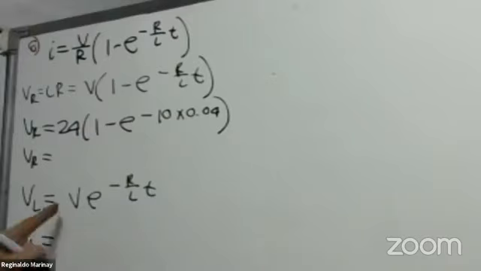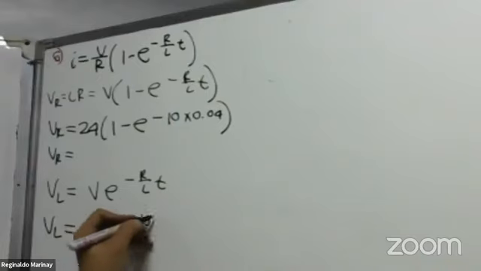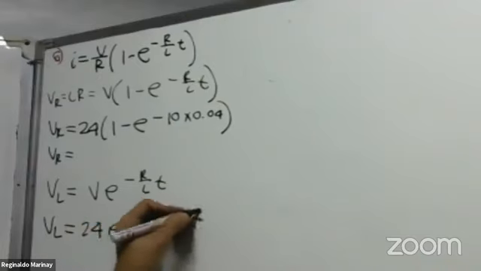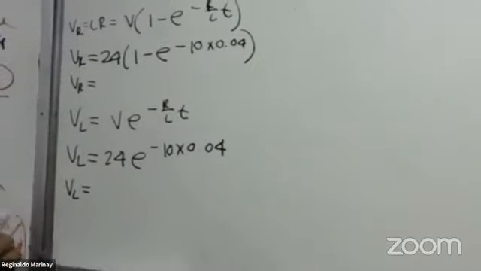Our VL is what? 24 e raised to negative 10 times 0.04. Is that correct? This is our formula. Now, I want you to give me the value for VR and VL. I want you to calculate.